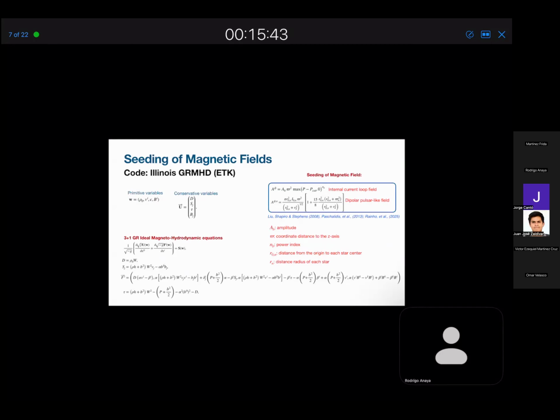For example, at least for the dipolar case, we have to solve for the vector potential, and there is this 15/8 constant appearing when we match the boundary conditions. For the dipolar case, at the boundary of the star we need to match what we already know from classical electrodynamics should happen for a pulsar-type dipolar field. So for me, yes.